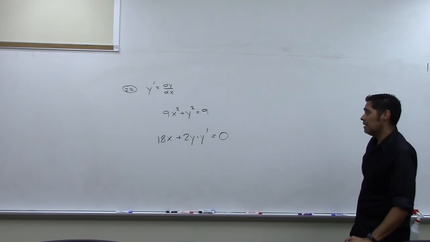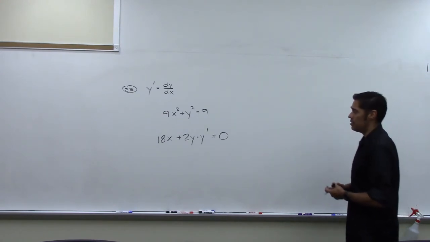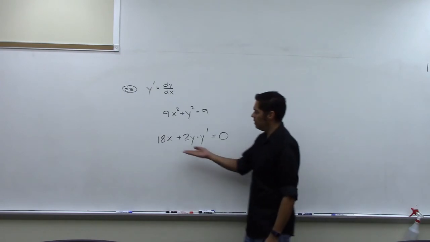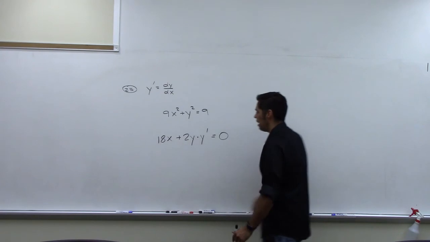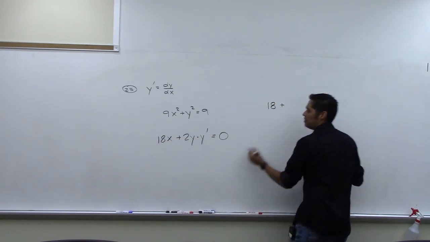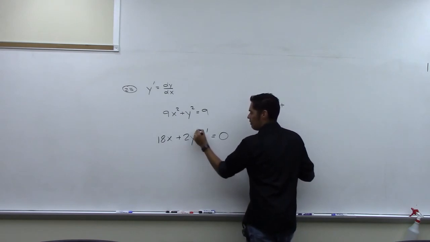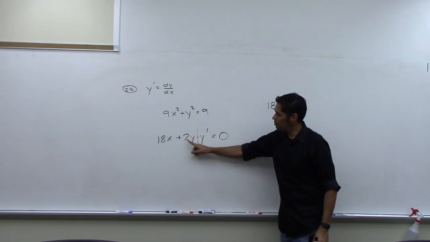Now at this point, I can solve for y prime, or I could just take the derivative again, and I think that's the way I'm going to do it. What is the derivative of this with respect to x? That would be 18 plus, now I'm taking the derivative of this. I have a product rule, so be real careful here. What is the derivative of 2 times y?